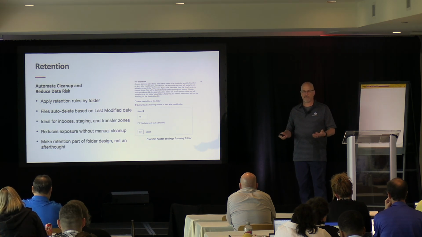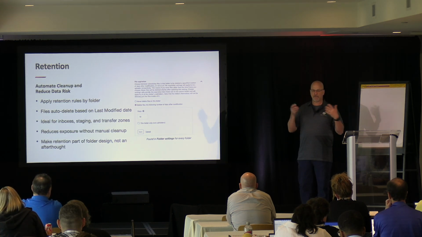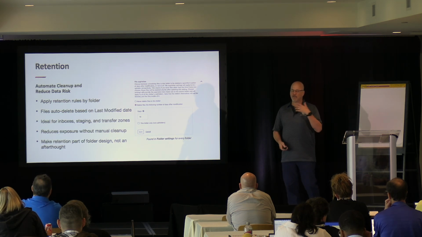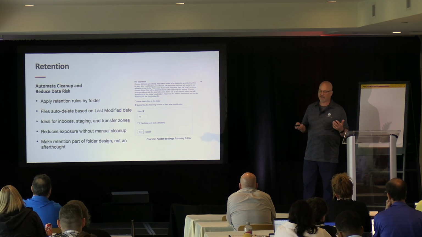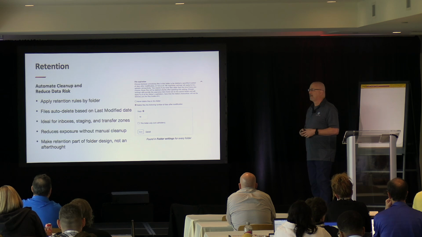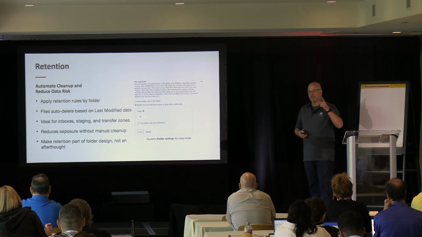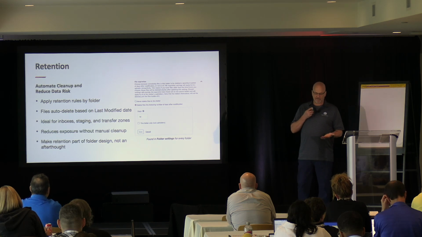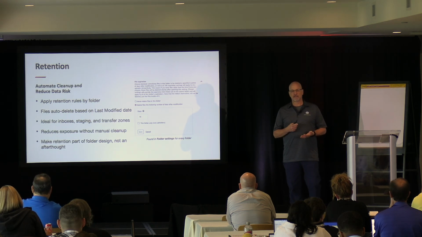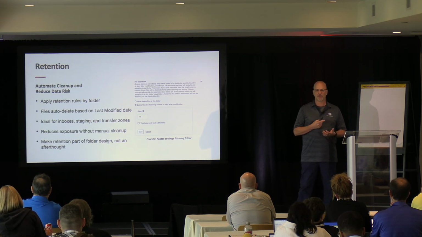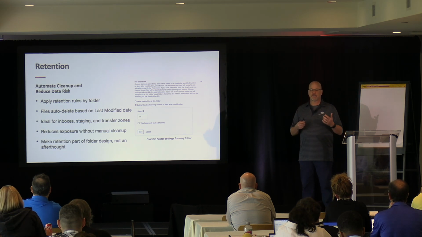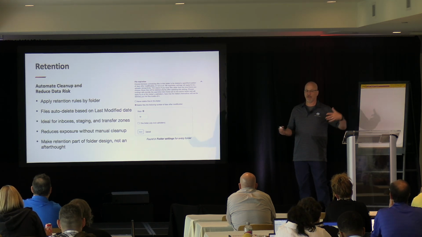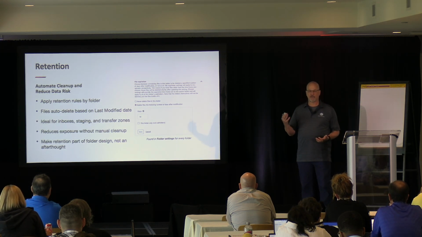So if a file's been on the platform for a year, but people are regularly interacting with it, don't worry about it suddenly disappearing. Also, remember, we do have restore now, which is cool. So they delete based on that. It's great for inboxes and for transfer zones, the kind of thing where the data is ephemeral. It's here, it's gone. It doesn't need to be around for a very long time.